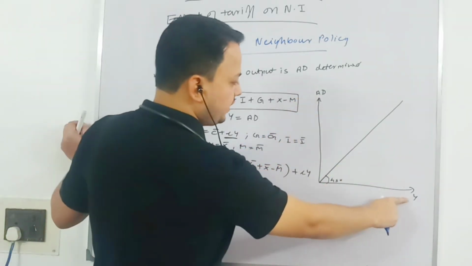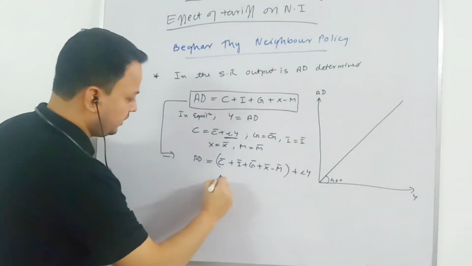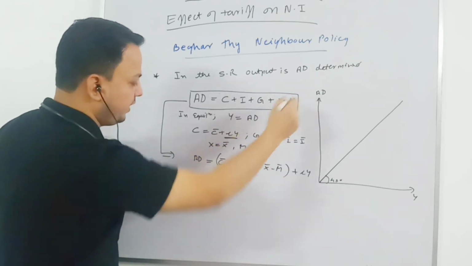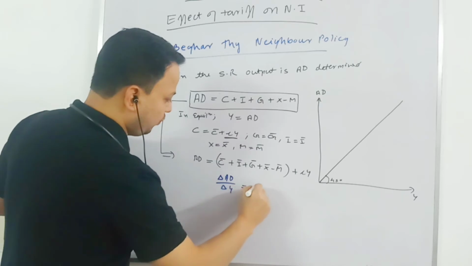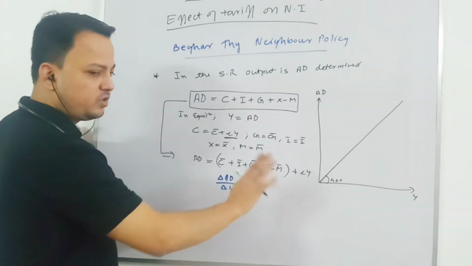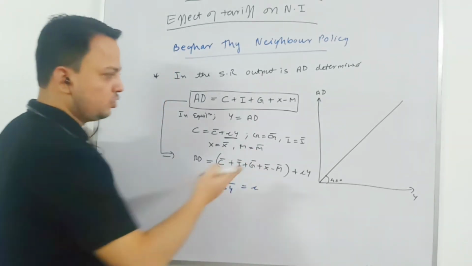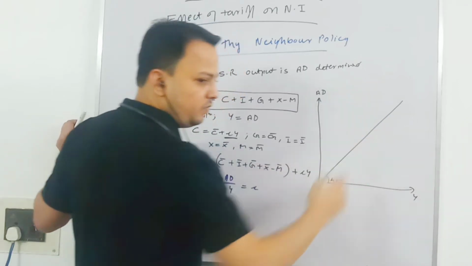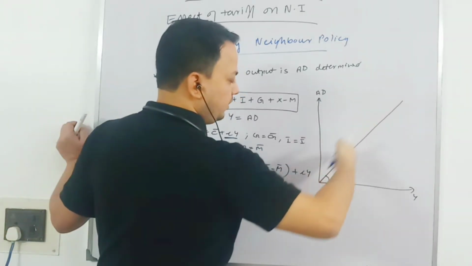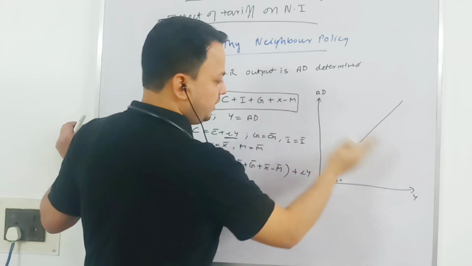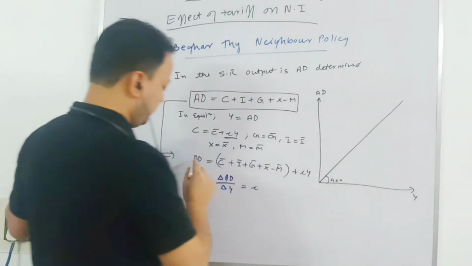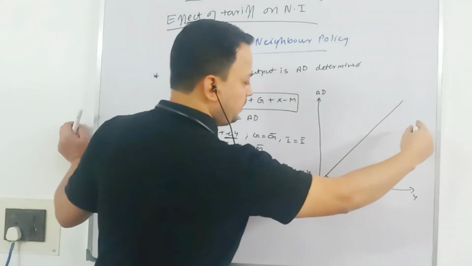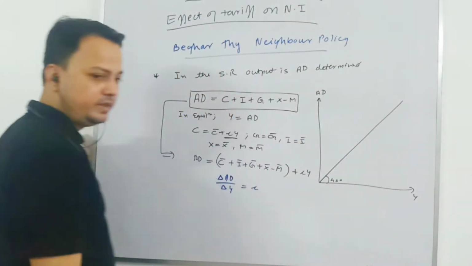Change in aggregate demand over change in Y, change in the y-axis over change in the x-axis. This will be small c, so MPC is my slope. So the curve will be flatter, because the 45-degree line has slope 1, dividing both axes equally. So the aggregate demand curve will be flatter, crossing the 45-degree line.